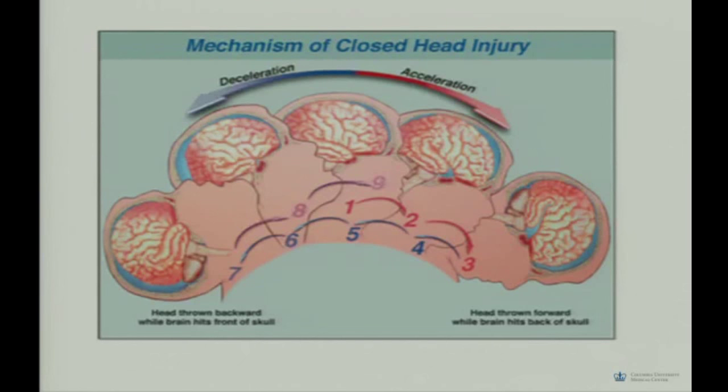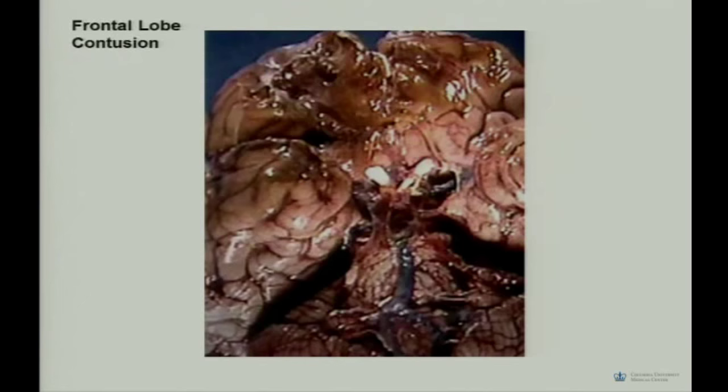But we're seeing more and more traumatic brain injuries. So while motor vehicle accidents were the standard example of traumatic brain injuries, more and more we're seeing soldiers with traumatic brain injuries and a much greater variety of problems.